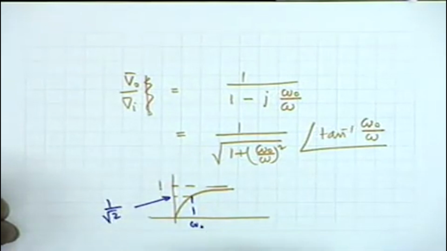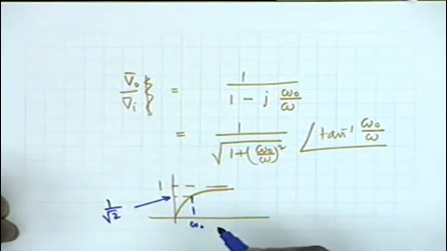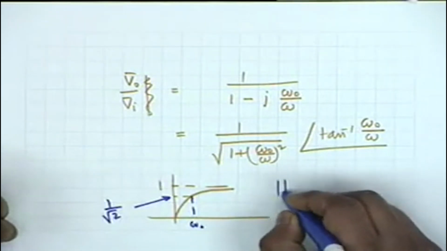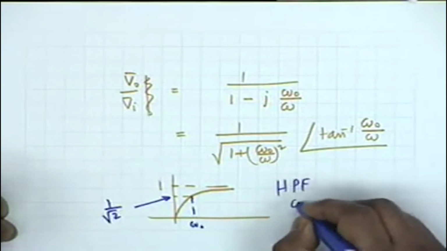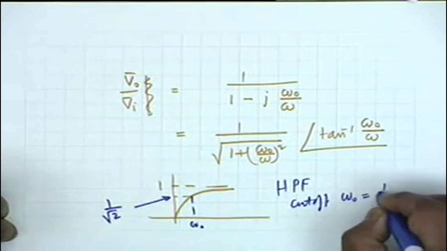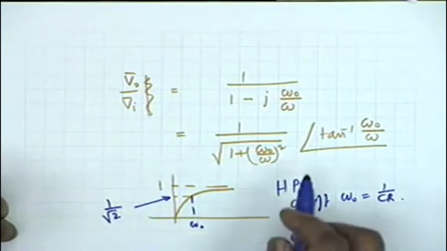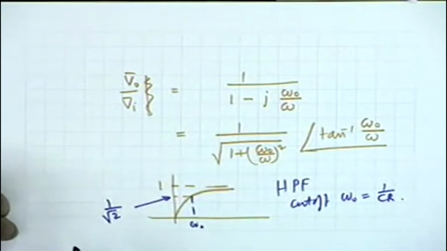And the angle at this frequency? Pi by 4. Therefore this is a high pass filter with a cutoff frequency of omega 0 equal to 1 by CR. We shall look into some applications of low pass and high pass filters next time.